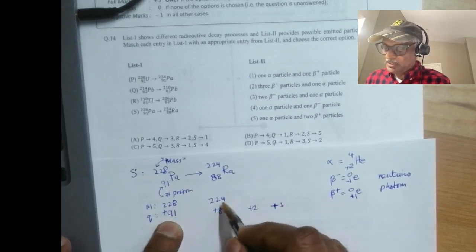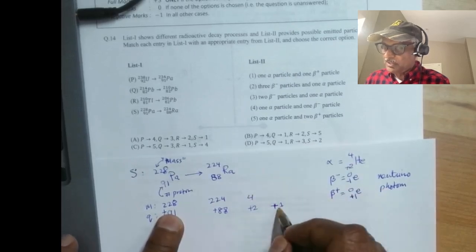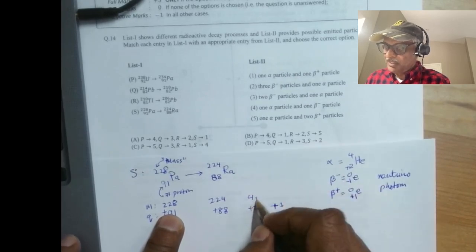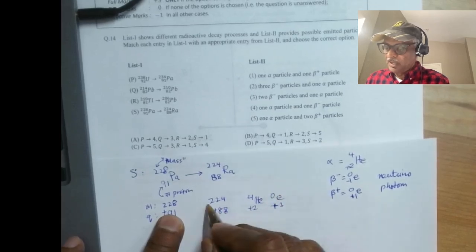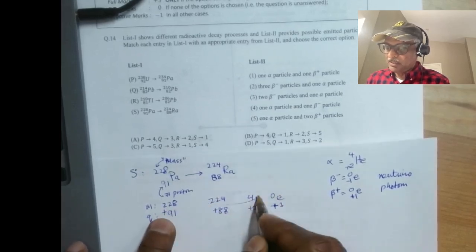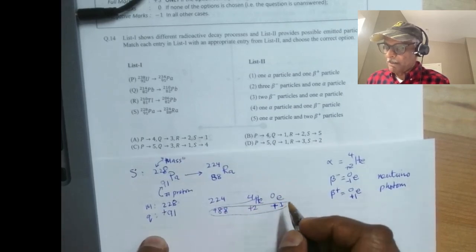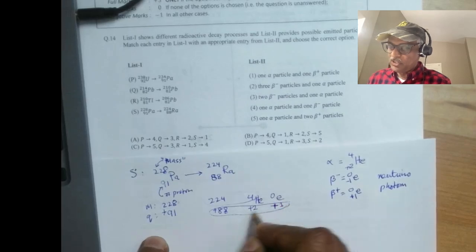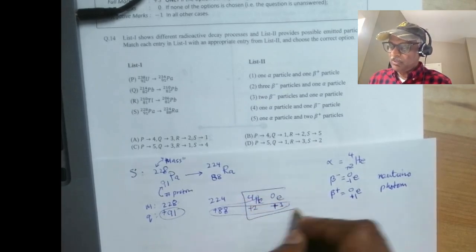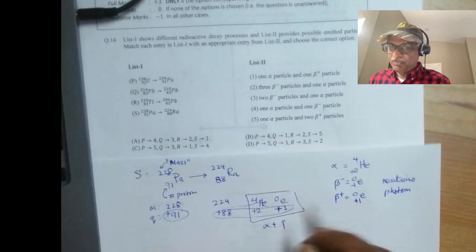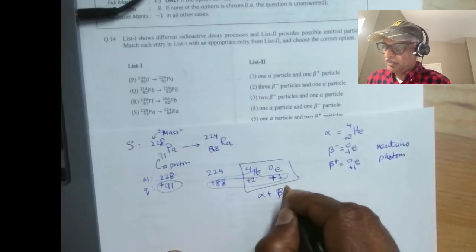And so for mass, if I use one of these, then it's a 4. So this must be the helium, the alpha, and everything is balanced. This plus this gives me that, and these charges give me that. So I'm done. This will have alpha, and alpha plus beta plus.